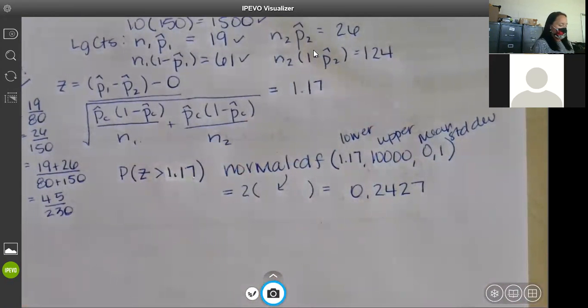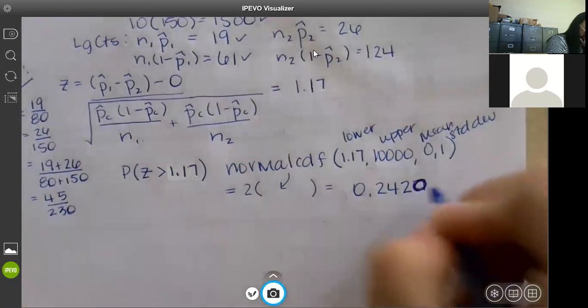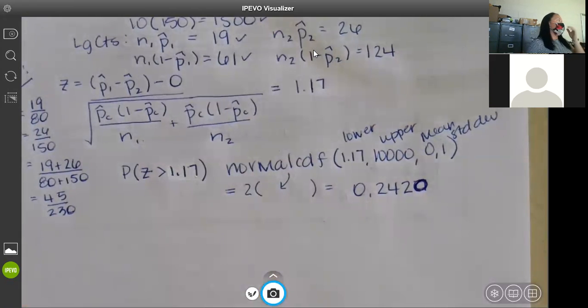That may be off from rounding. Let me check that, make sure. 1.17, 10,000, 1, times 2, 0.242. I didn't like it because I rounded a lot.